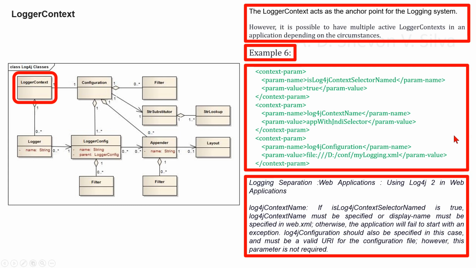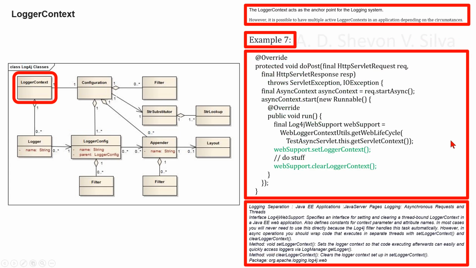For security reasons, from Log4j 2.17.0, JNDI must be enabled by setting the system property log4j2.enableJndiContextSelector equal to true. Here, logging separation in a Java EE application. This is the Java Server Pages logging, and this is asynchronous requests and threads.